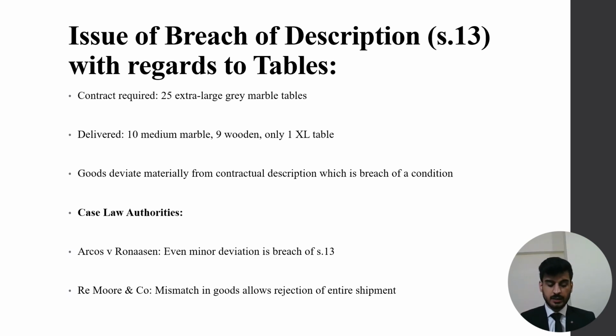In a similar way, the case of Re Moore and Co. versus Landauer established that a breach might be shown simply by using the wrong packaging. Similarly, there is a glaring violation of Section 13 as the supplied tables do not conform in any way to the terms of the contract.